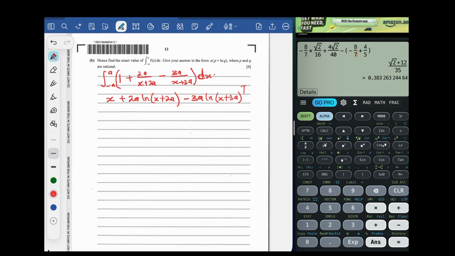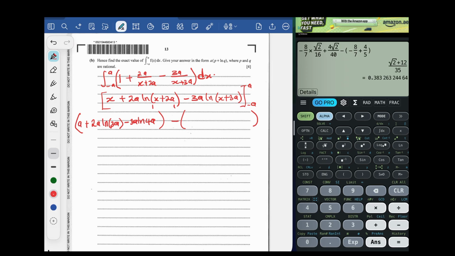Okay, then I substitute my limits, minus a to a. So for a, this will be a plus 2a ln, you can put modulus for the ln, it doesn't change anything, but whatever comes out to be positive. So ln, if I put a here, this becomes 3a, minus 3a ln 4a.